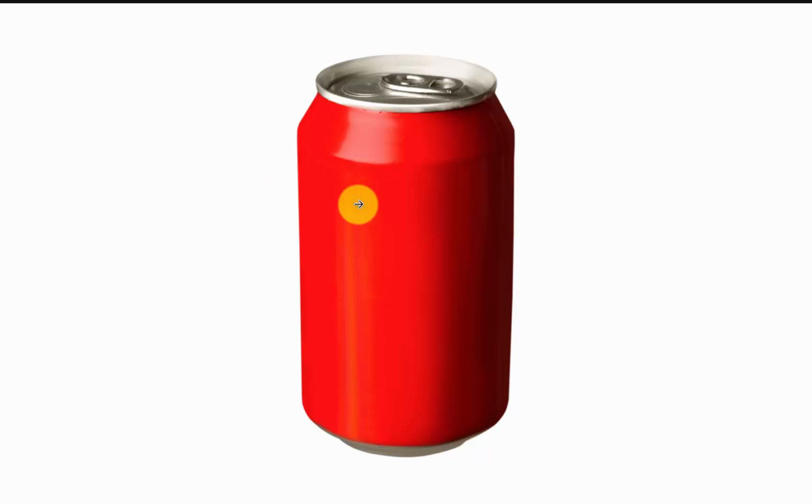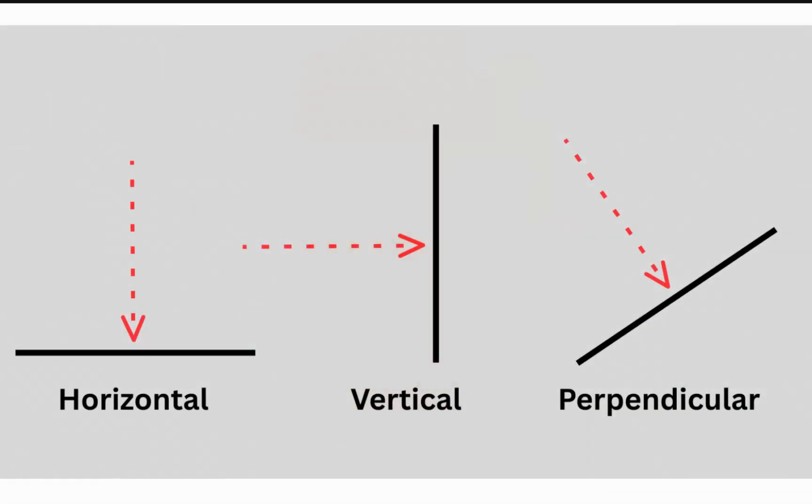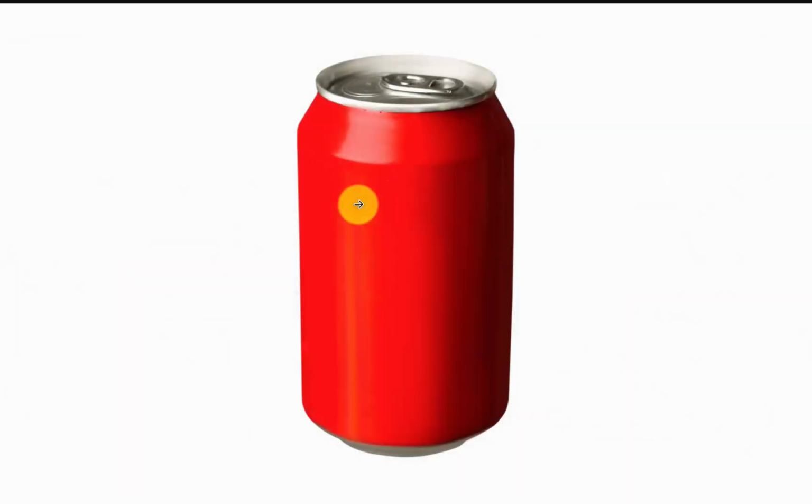How is it possible? In my previous tutorials, we have seen what is horizontal, what is vertical illuminance, and what is perpendicular illuminance. But this is something different. Here we are not calculating the amount of light falling on one surface. Here we are talking about the light that is falling on the surface from all the directions.